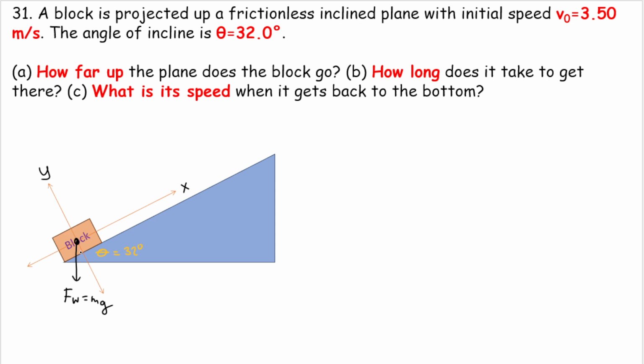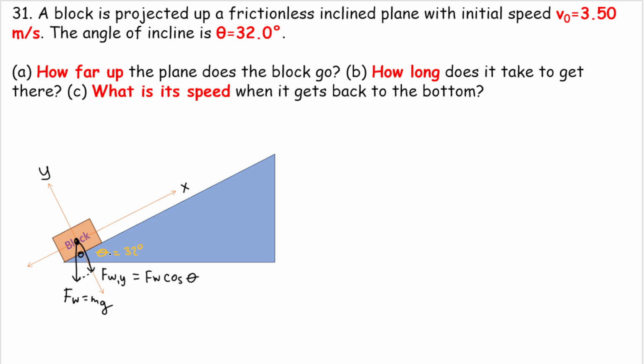Here we also have this theta, so we can project this onto the y-axis, and we will have Fw on the y-axis. We can use trigonometry to calculate this. This is the adjacent side and this is the hypotenuse. Adjacent over hypotenuse is cosine, so I'll have Fw cosine of theta.